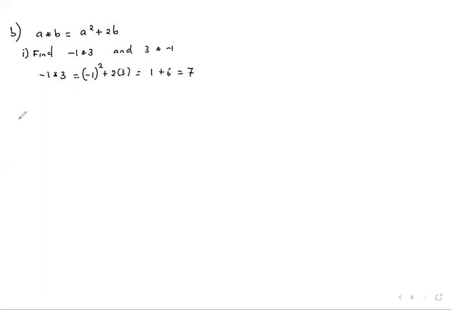And then 3 star -1 is equal to 3 squared plus 2 by -1, which is 9 minus 2, which is 7. Then part 2 says, is star commutative on Z? Give reasons for your answer.